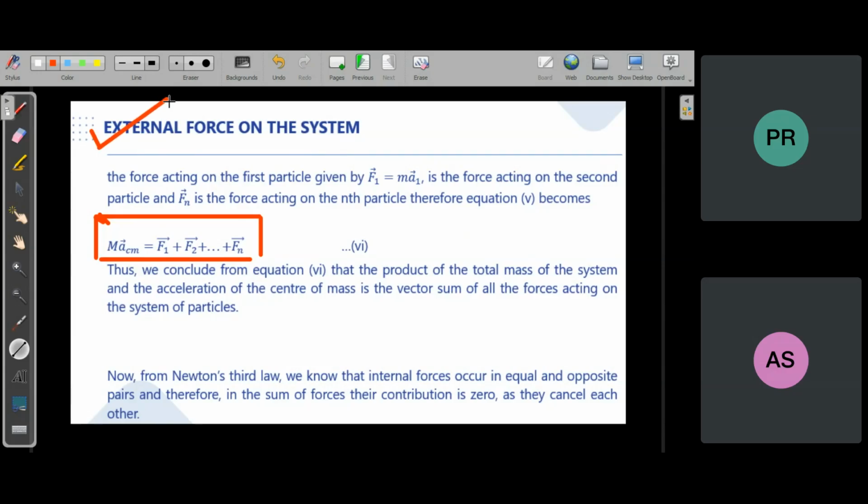The difference is that now you can write the net external force as mass of the system into acceleration of the center of mass. Different particles can have different accelerations, but the net external force will always be equal to total mass of the system multiplied with acceleration of the center of mass. If you have any confusion, you can ask.